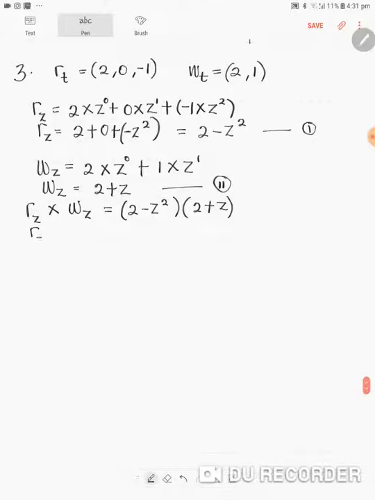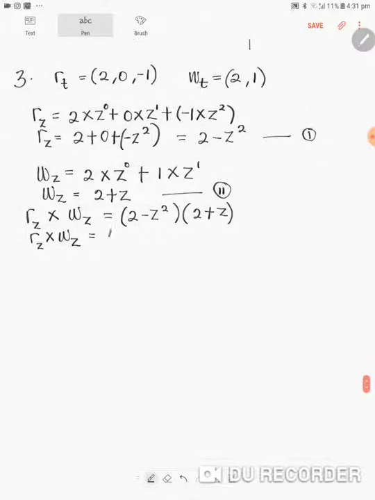So RZ times WZ will be equal to 2 times 2, 4, 2 times Z plus 2Z, this times this minus 2Z square minus Z cube. Yeah, so RZ times WZ would be equal to 4.